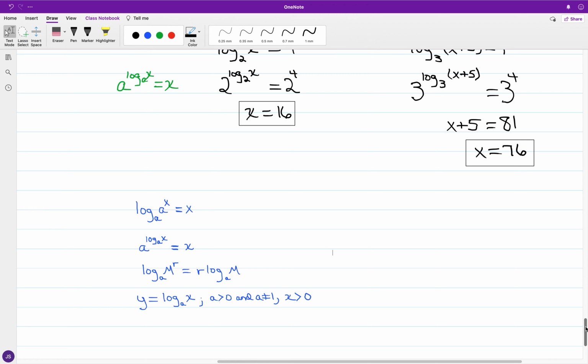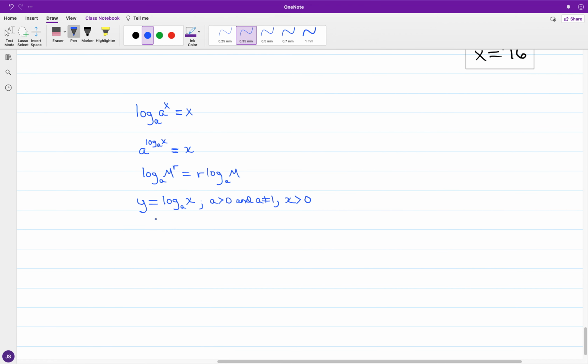Okay, so you got these properties. Multiplication implies addition and vice versa.